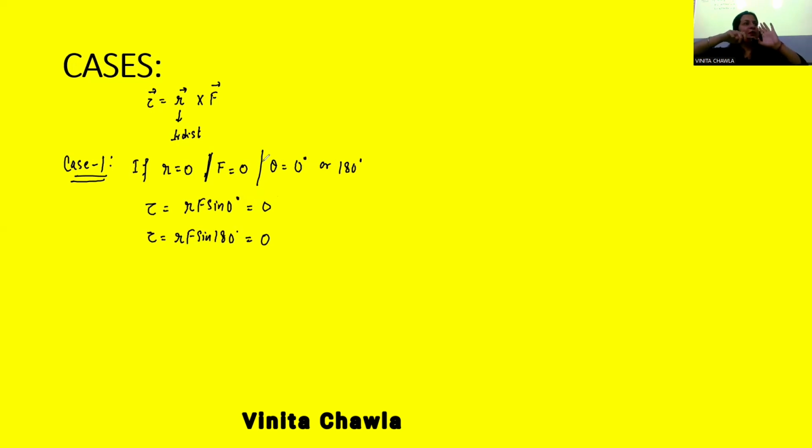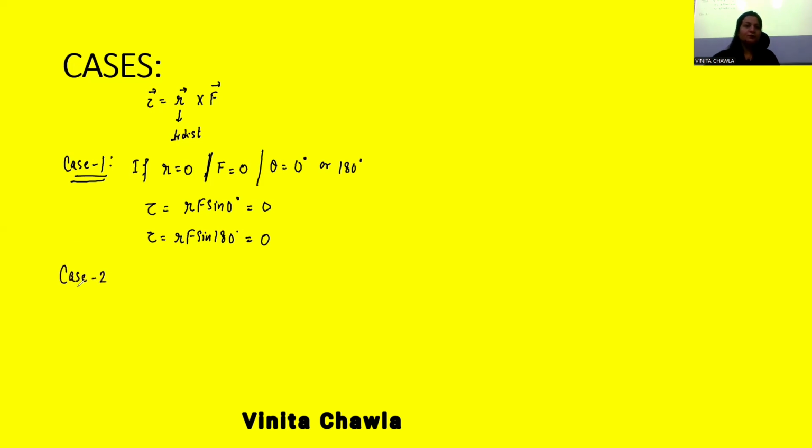Is there any rotating effect? कहीं rotation दिख रहा है आपको? नहीं दिख रहा. So torque is 0. But if we apply force in the direction opposite to R, R is in this direction. Now we are applying force in the direction which is opposite to R. Theta is 180 degree. Again, torque is 0. ठीक है? This is case 1. Next, write case 2.